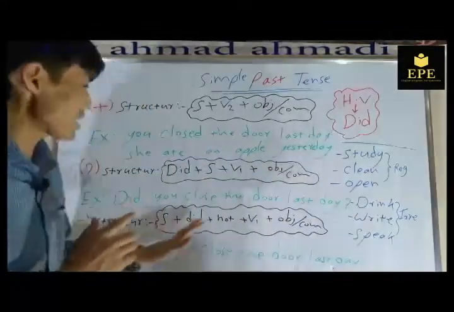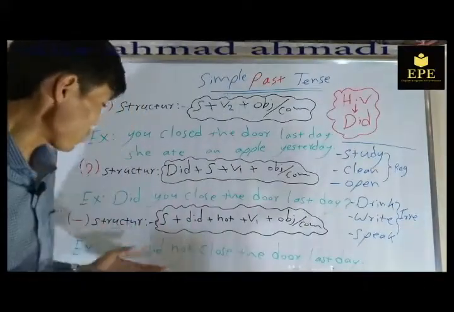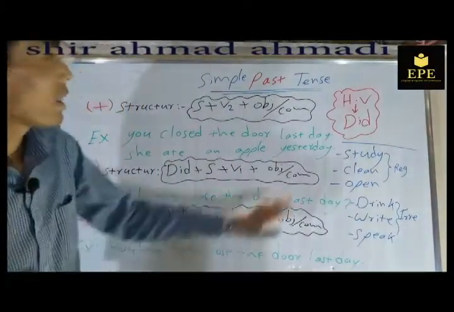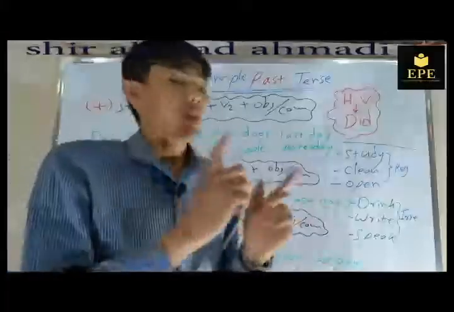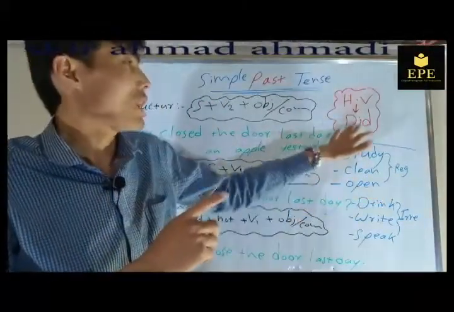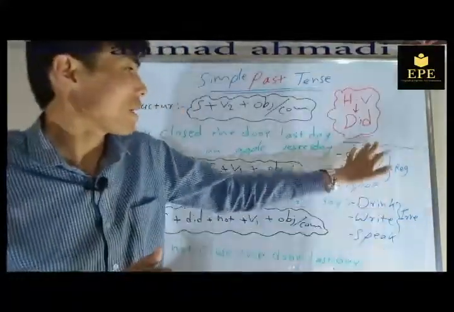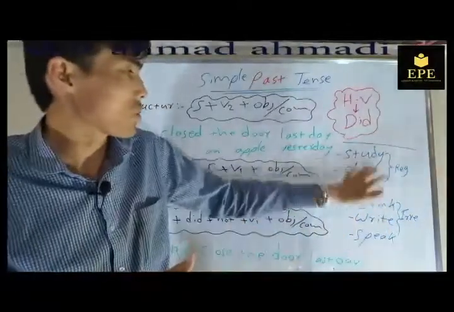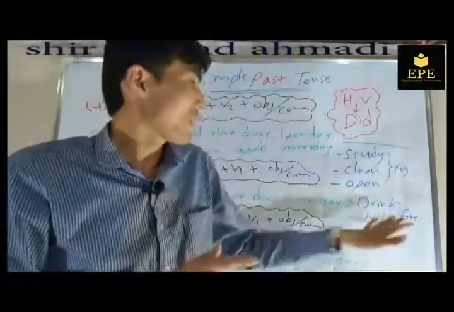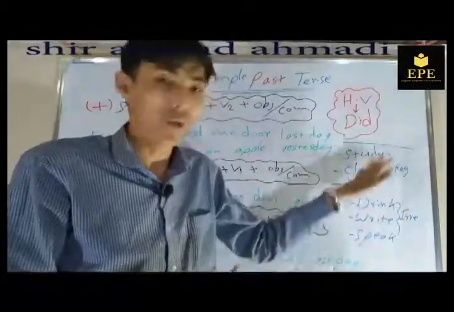And then this one is the negative form of simple past tense. This one is the example. So here I said that if we want to change to the question and negative, we just use did. Just remember the did. If you remember this one, you can make more and more examples and change to the question and also to the negative. So here are some words. These 3 are regular and these are irregular verbs. I made examples about all of these.